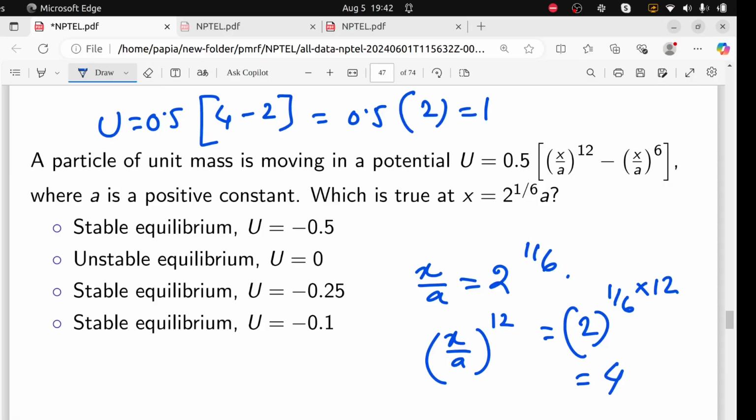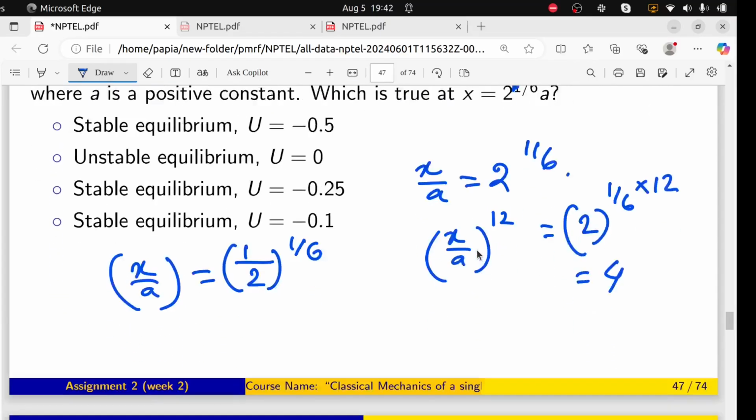Let's say x equals to 2 to the power minus 1 by 6 times a. Okay? Then x by a equals to 1 by 2 to the power 1 by 6. Right?